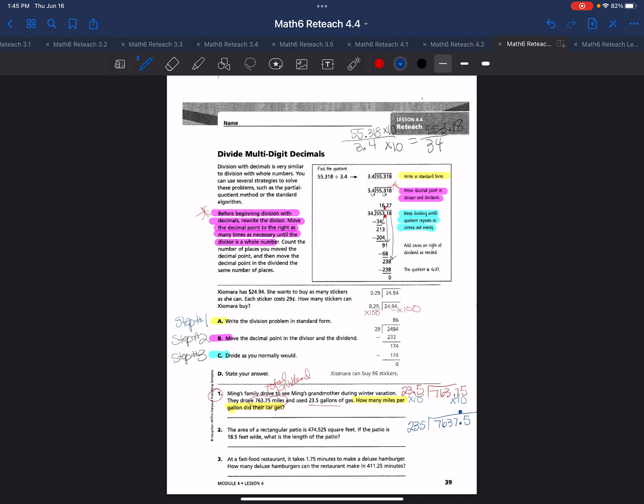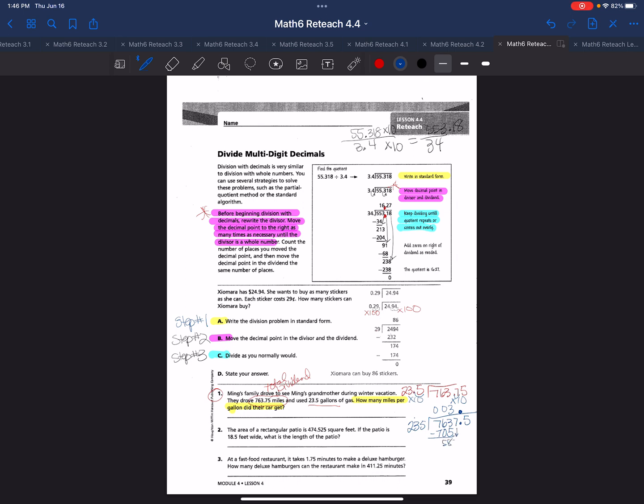Okay. Well, 235 can't go into 7, and it can't go into 76, but it can go into 763. Let's do 3 times. 3 times 5 is 15. 3 times 3 is 9, plus 1 is 10. 3 times 2 is 6, plus 1 is 7. Subtract.